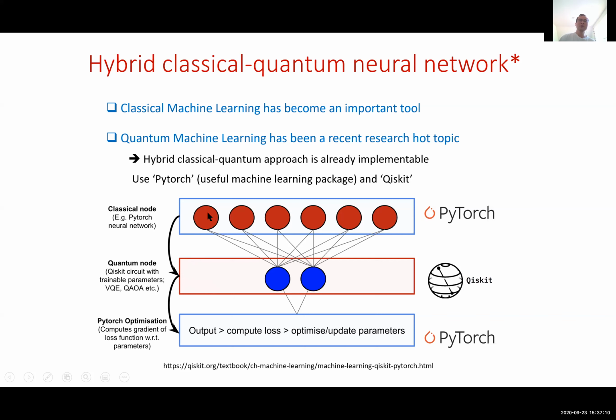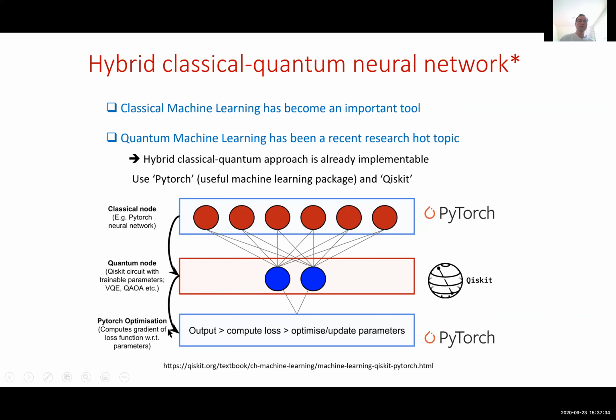And we would like to output some of the output of the classical neural network to the quantum computer, and then use the quantum computer to evaluate some of the costs using VQE, QAOA, and these parameters are trainable parameters.